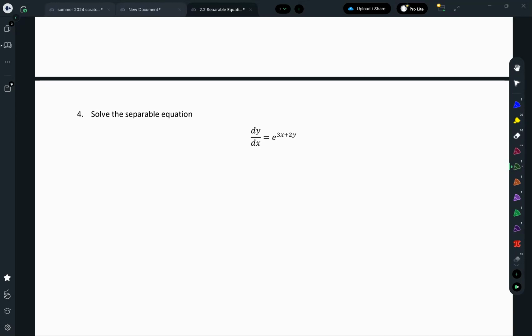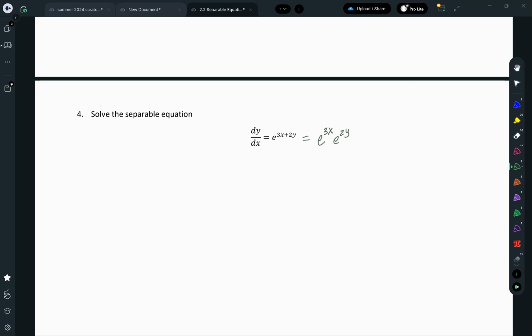Okay, so we have dy dx is equal to e raised to the 3x plus 2y. All right, here we need to remember some algebra. The e to the 3x plus 2y can be rewritten as e to the 3x times e to the 2y.